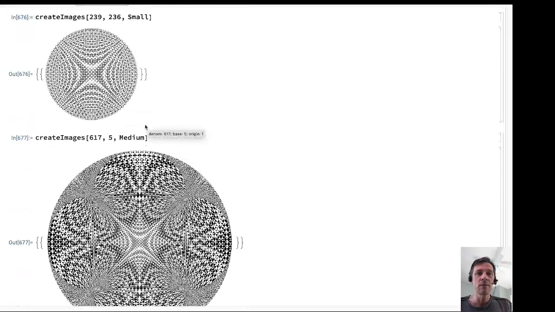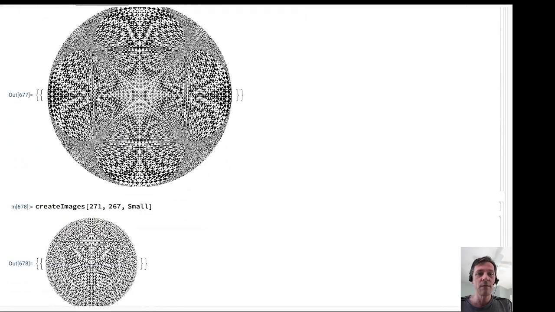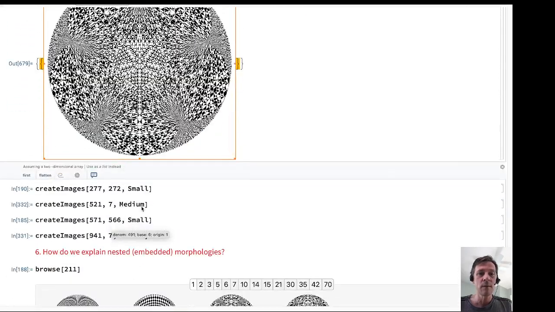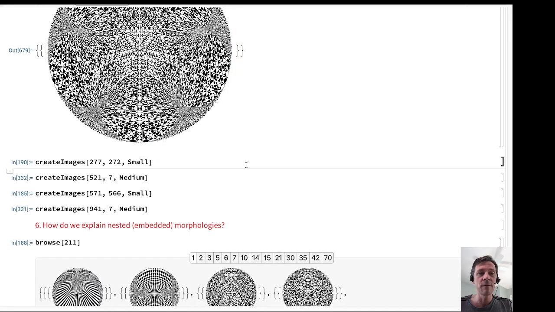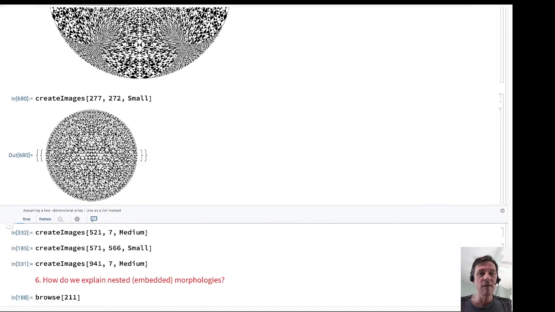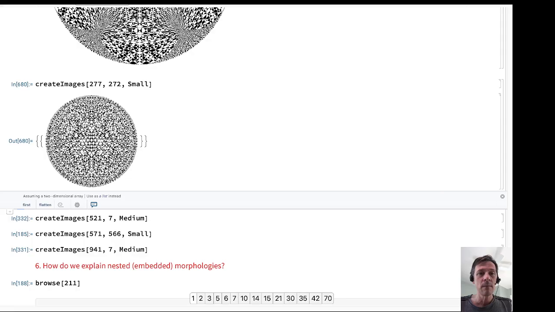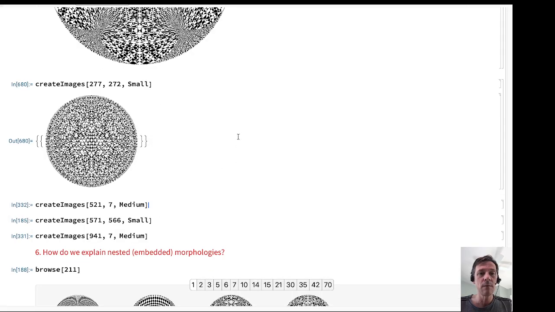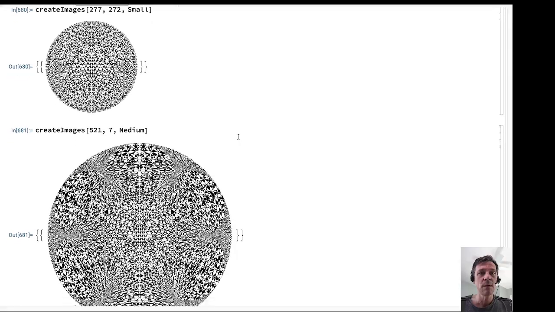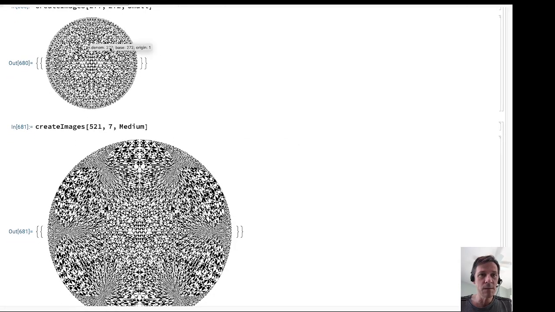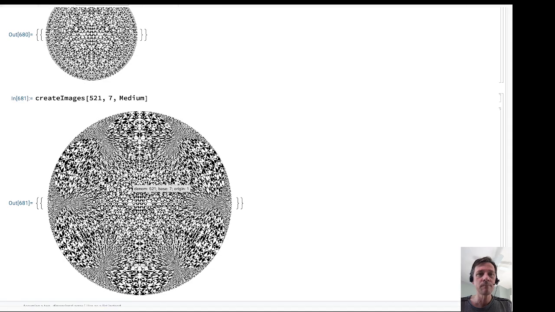So here it was 3 and 5. Here it's 4 and 6, and here it's 5 and 7. Here is an n minus 5 type image, and here is a base 7 image. I think you can see that the pattern in the middle of this one comes up in very striking similarity in the image below it.